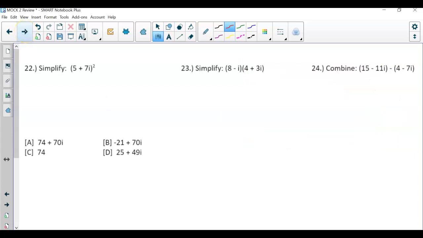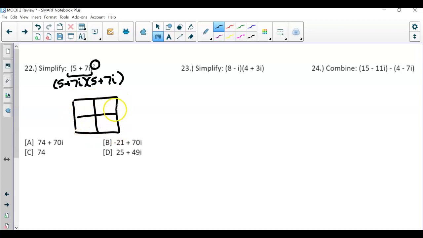Question 22. Notice this is our special case where we have 5 plus 7i raised to the second power, which is 5 plus 7i times itself, 5 plus 7i. I'm going to go ahead and set up my box here. 5 times 5, 25. Then 35i. Then here on the bottom, you have 35i. And now I've got 49, but i squared.